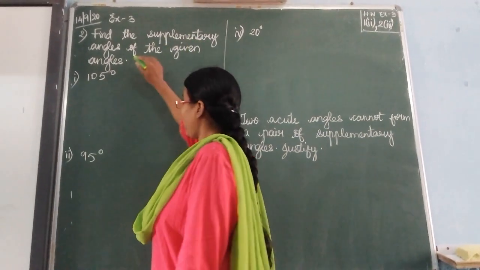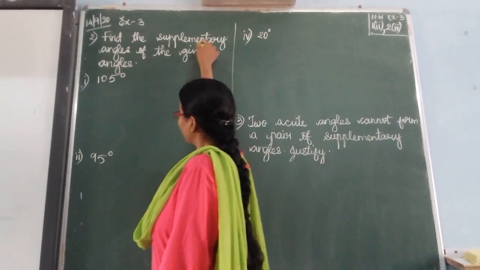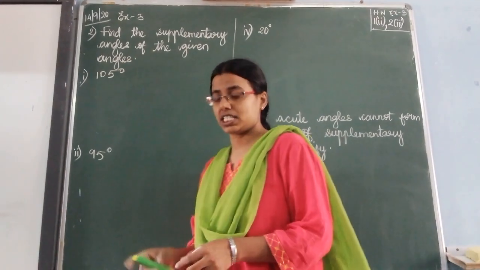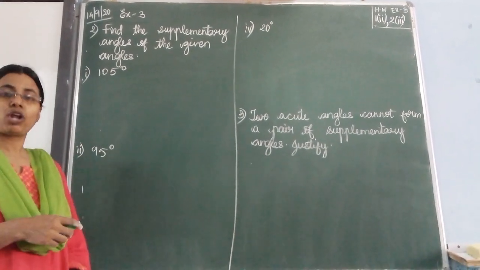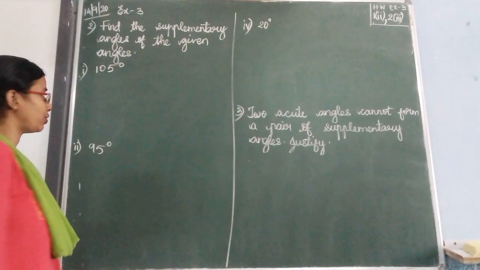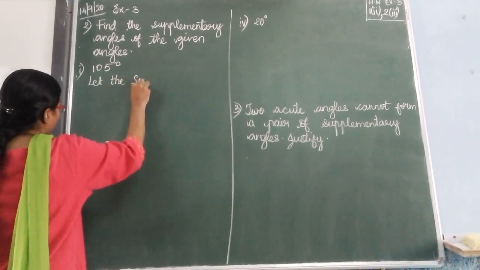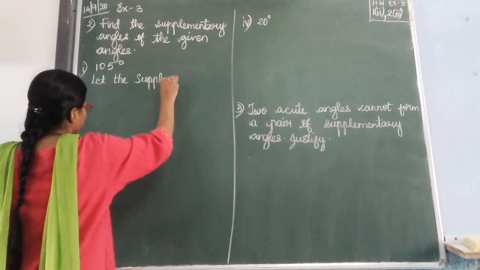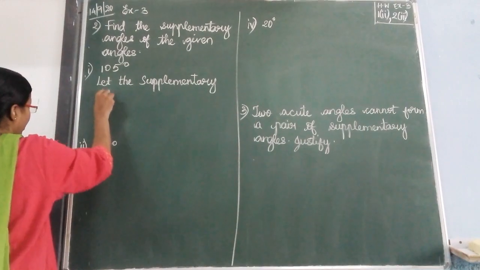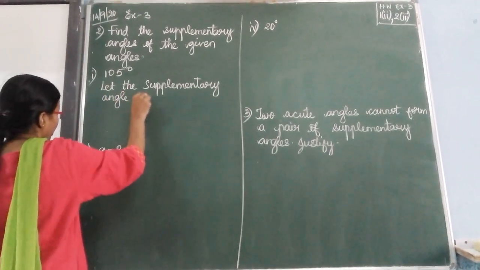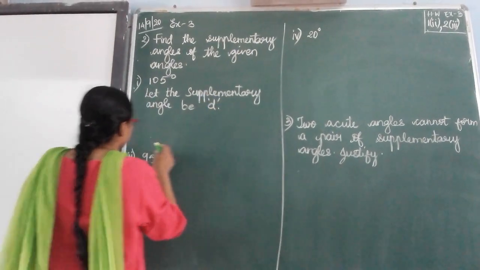Find the supplementary angles of the given angles. 105 degrees is what is given. So, using the same way how we found out for the complementary angles, we are going to use the same thing. Let the supplementary angle be D, take any other letter.